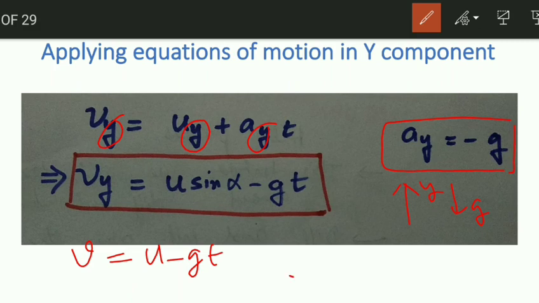In the one dimensional motion chapter there was a topic that is motion under gravity. So we are just projecting it upwards, throwing it upwards, and it is coming down. So during the upward journey it was u minus gt. So the same thing we are doing here. We are only analyzing it for one component, and an additional component, that is the x component, is present here.